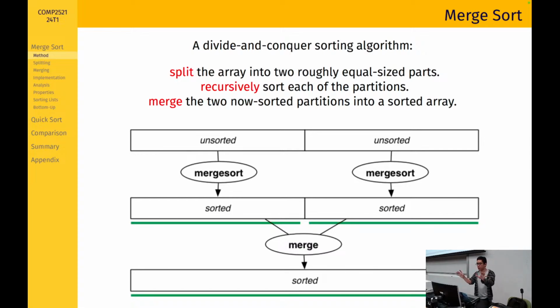Both halves of the array are sorted, and all we have to do is merge them into a sorted array. So we take the two sorted parts and merge them. And so the question is really, how do you actually merge the two sorted subarrays? That's something that we'll look at in just a bit.